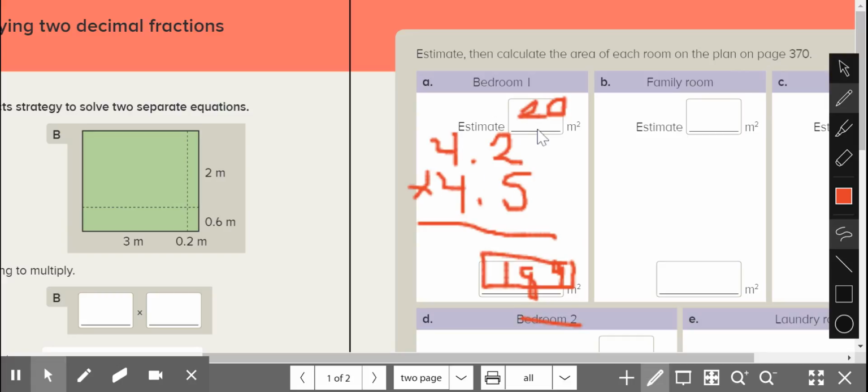I still like my way better, but at least I'm close. 18 and 9/10 is close to 20, and that makes me feel pretty confident that I'm doing okay, that I'm at least getting close. The bigger question is, are you getting this particular answer correct? When you go back and look at your answers on the answer key that I'll provide, you'll need to look for this answer here. Did you answer each one of these correctly? Good luck.